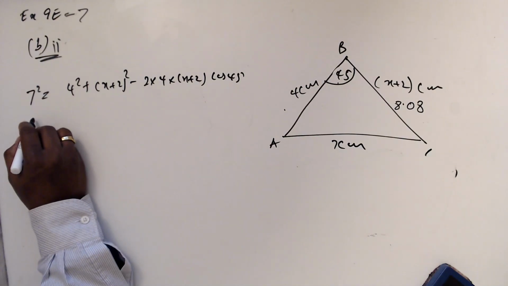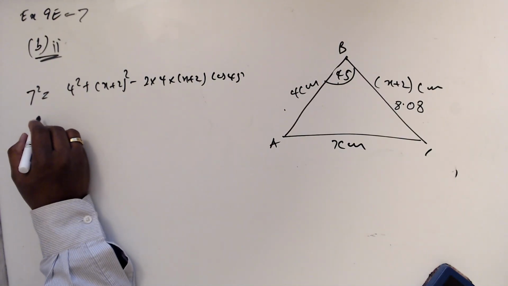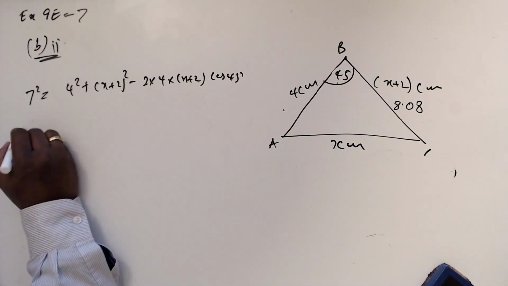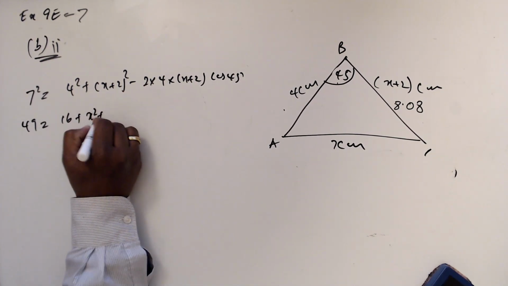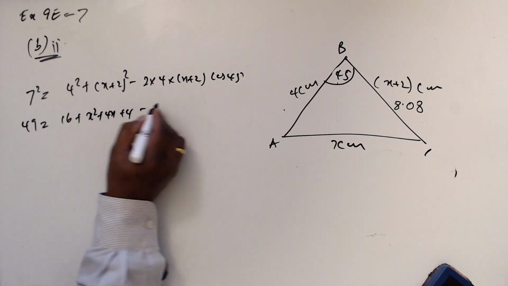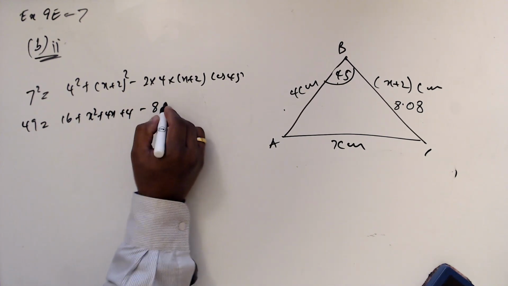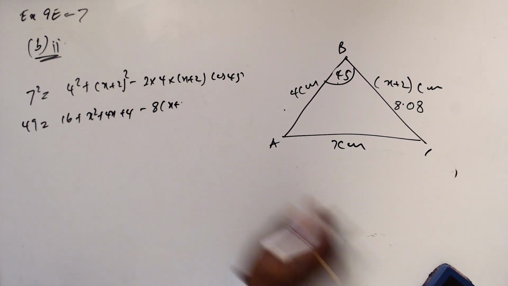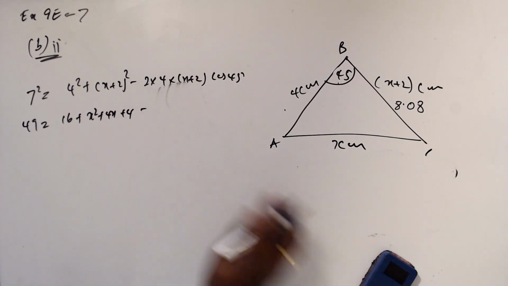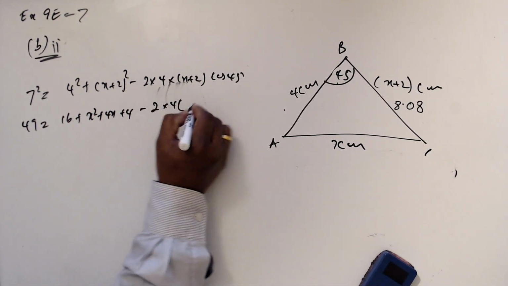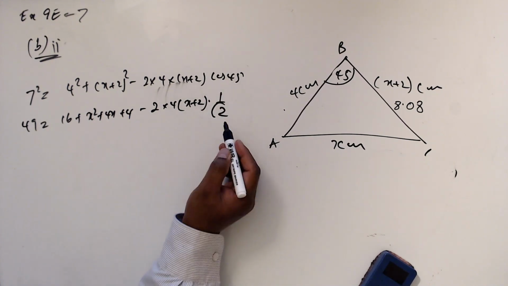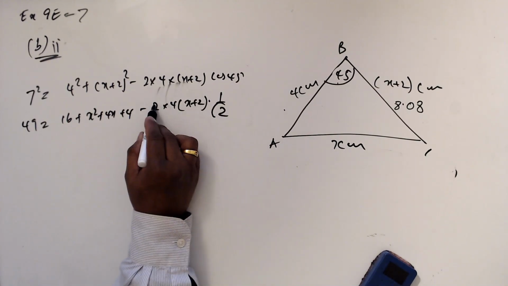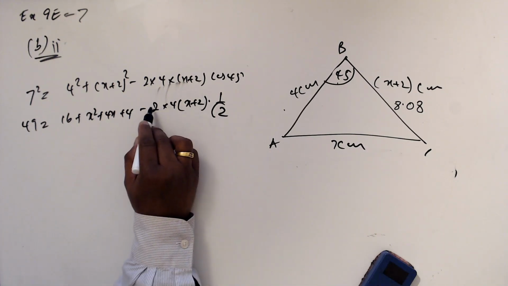So this is 49. This is x squared plus 4x plus 4 minus 8 times x plus 2 times 1 over square root 2, cos 45. So then this is going to be square root 2.